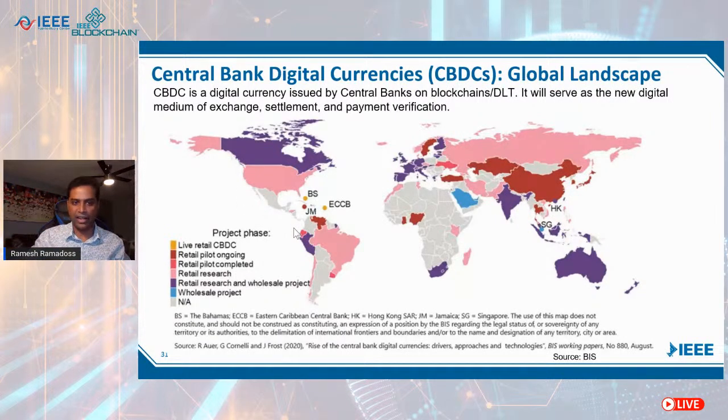You can see China is leading, as a matter of fact. I think they are live with their central bank digital currency, called the digital yuan, and several countries are experimenting, like I think the U.S., and several countries you can see are doing pilots right now on a small scale.